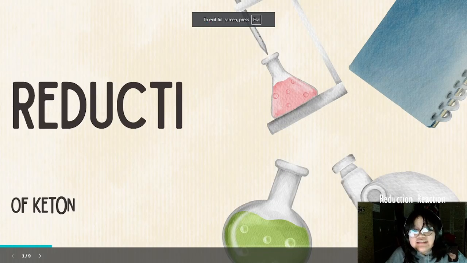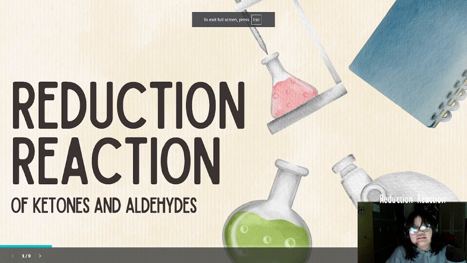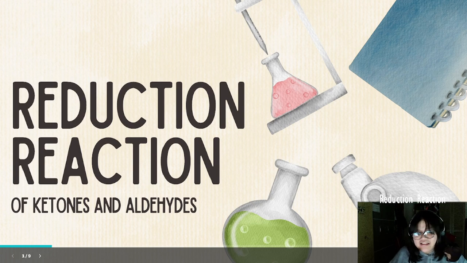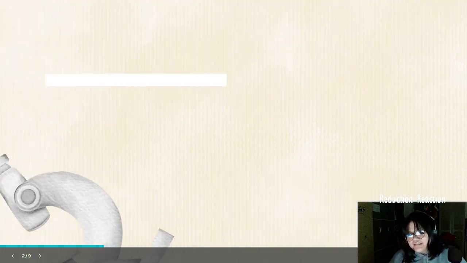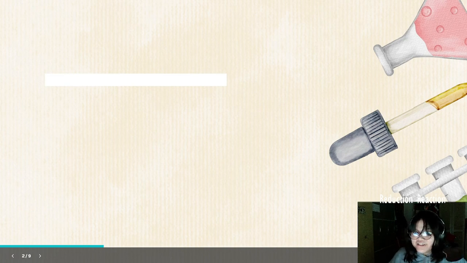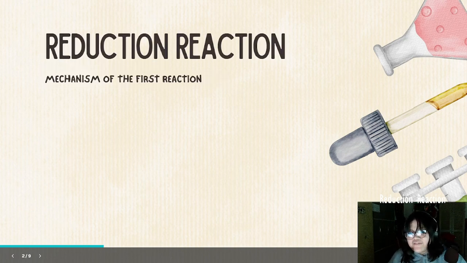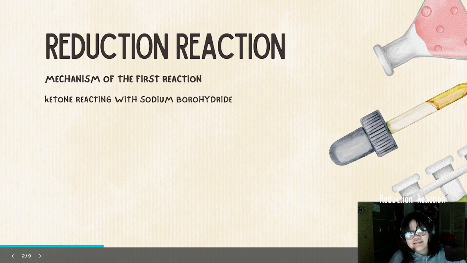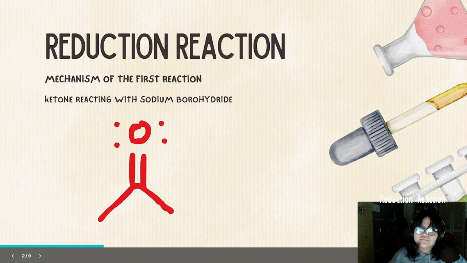Hello everyone, so we'll be discussing the continuation of the reduction reaction of ketones and aldehydes. Now let's get over to the mechanism of the first reaction. Here we have a ketone and we are going to react it with sodium borohydride. So this is the drawing.